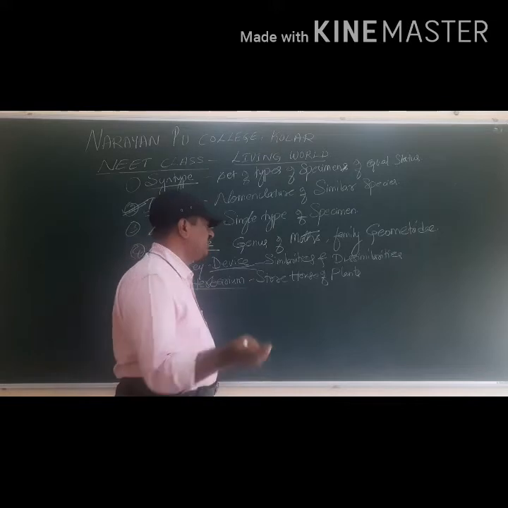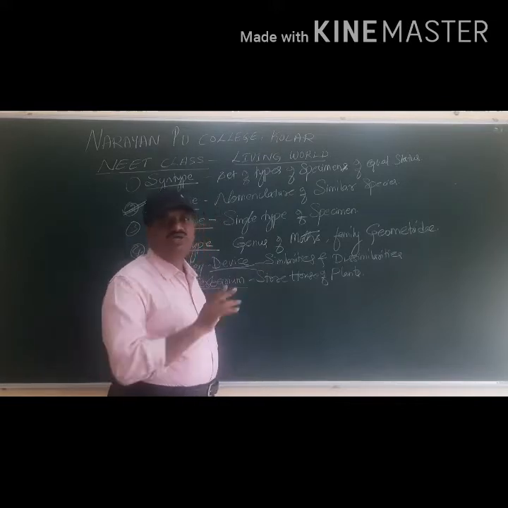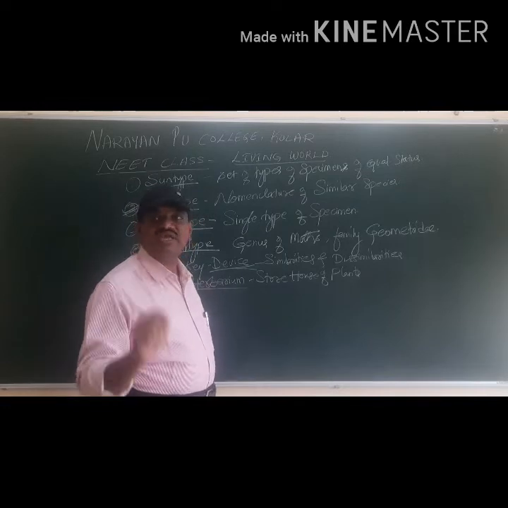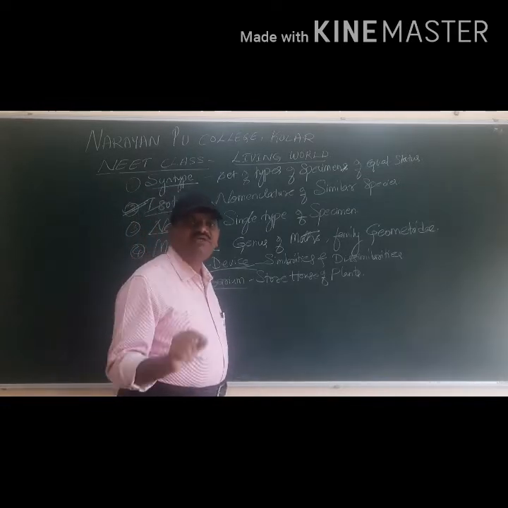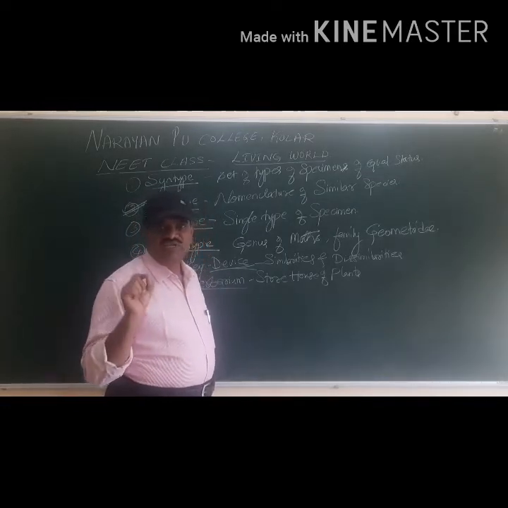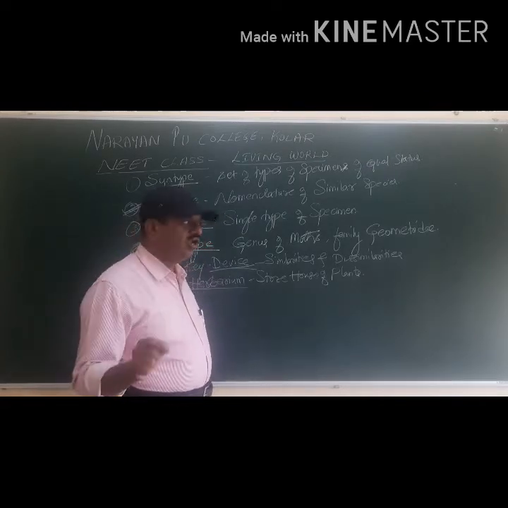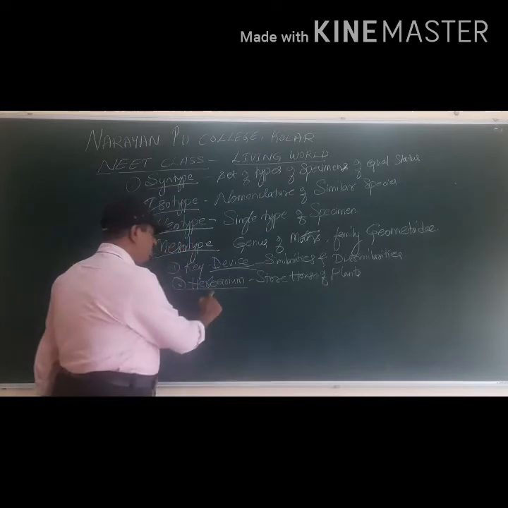After pressing, it is stuck onto the herbarium sheet. On the right hand side, we write the details of the plant, the name of the collector, the date of collection, and all the details on the herbarium.